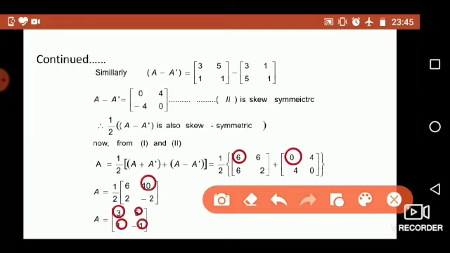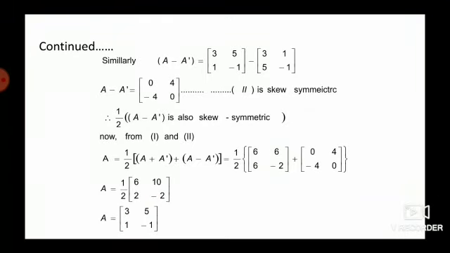Therefore A is equal to the matrix containing the elements 3, 5, 1, minus 1. Therefore the addition of the symmetric and skew symmetric matrix is again the same matrix A. This is a very important question from the exam point of view, which will be given for 3 marks.